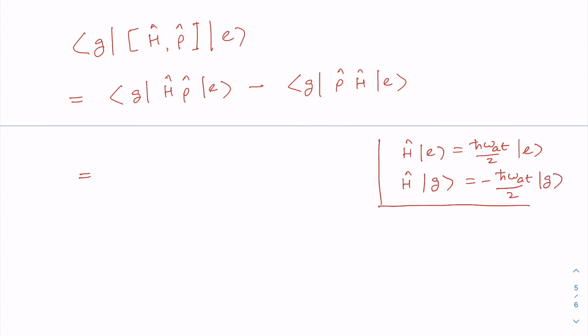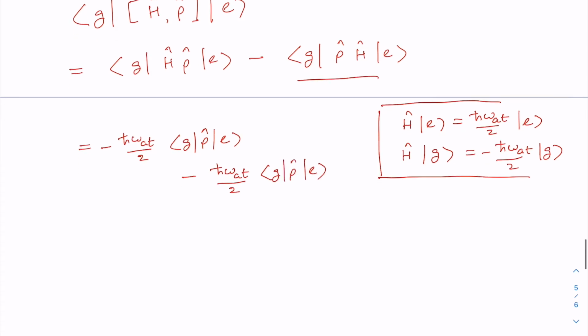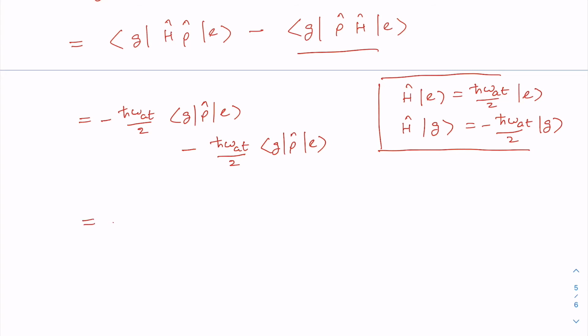Because of these eigenvalue equations, here I will get minus h cross omega atom by 2 Z rho E, and from this term I will get minus h cross omega atom by 2 Z rho E. Combining these two, I will get minus h cross omega atom rho ZE.